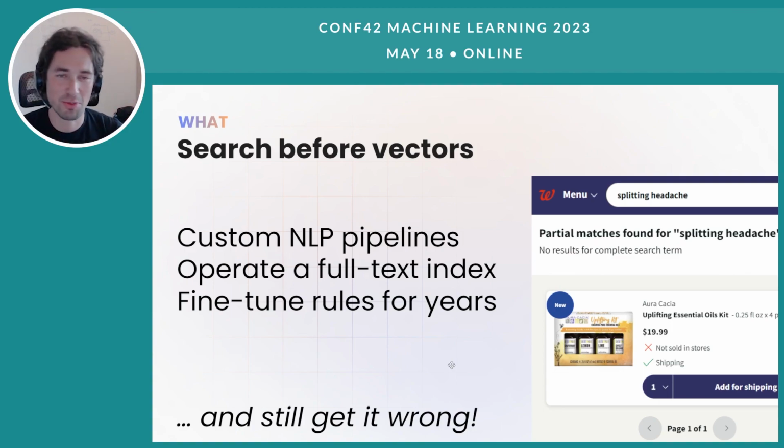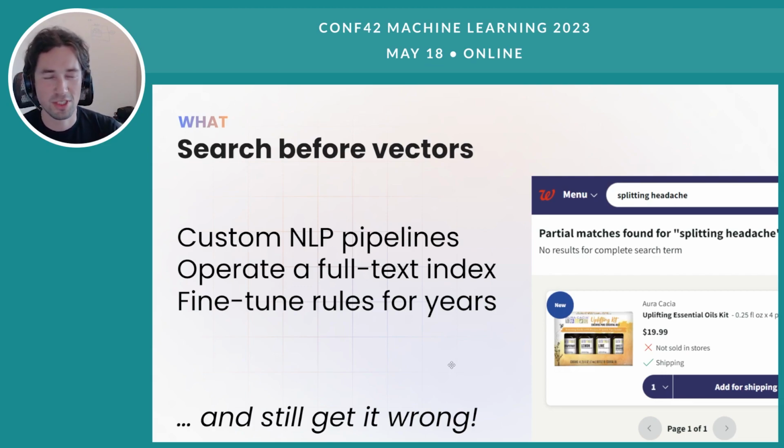Obviously, the search and recommendation space has existed for decades. So let's just have a look at how that space is doing pre this type of technology. And let's look at search and recommendations specifically.